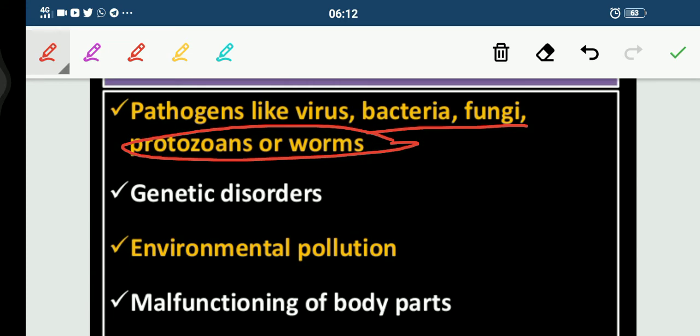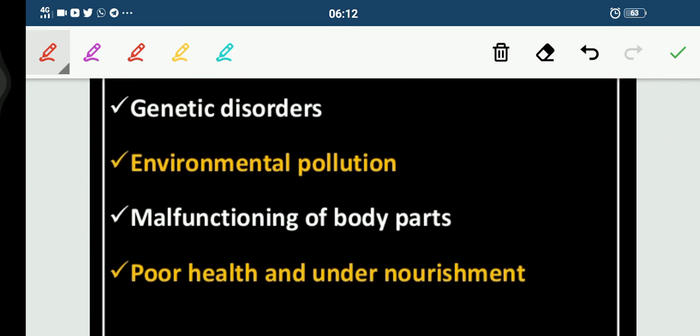So, these are the causes of diseases. Like, children, when we say poor health, it is due to inadequate food, when there is not sufficient food. It occurs due to deficiency of one or more nutrients, making the person unhealthy or susceptible to diseases.